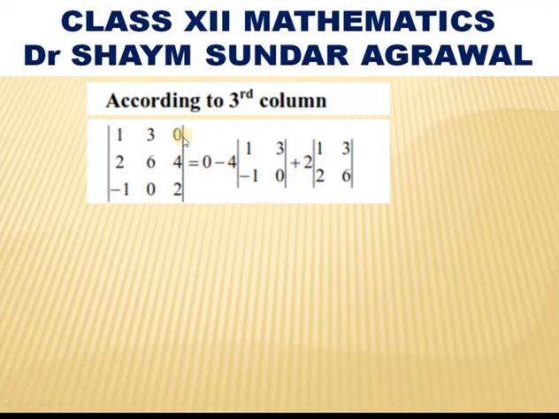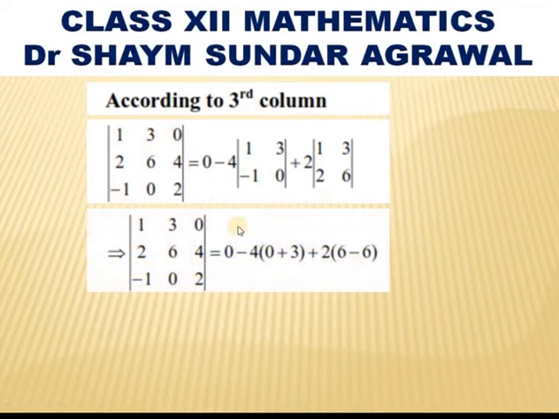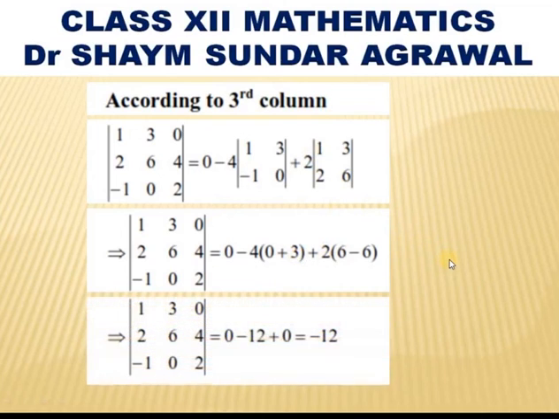So, 0 into something minus 4 into the determinant after deleting the second row and third column, 1, 3, minus 1, 0, plus 2 into the determinant after deleting the third row and third column, 1, 3, 2, 6. So, it is 0 minus 4 into 0 plus 3, plus 2 into 6 minus 6. So, 0 minus 12 plus 0 equals minus 12.